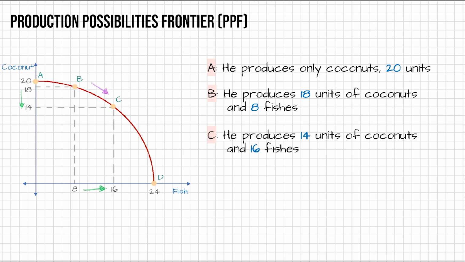That's point C, 14 coconuts and 16 fish. And if we want to produce 8 more units of fish, for a total of 24 units, we have to stop producing coconuts altogether. We give up the remaining 14 units of coconuts to dedicate ourselves entirely to fish production. That's point D, only fish.